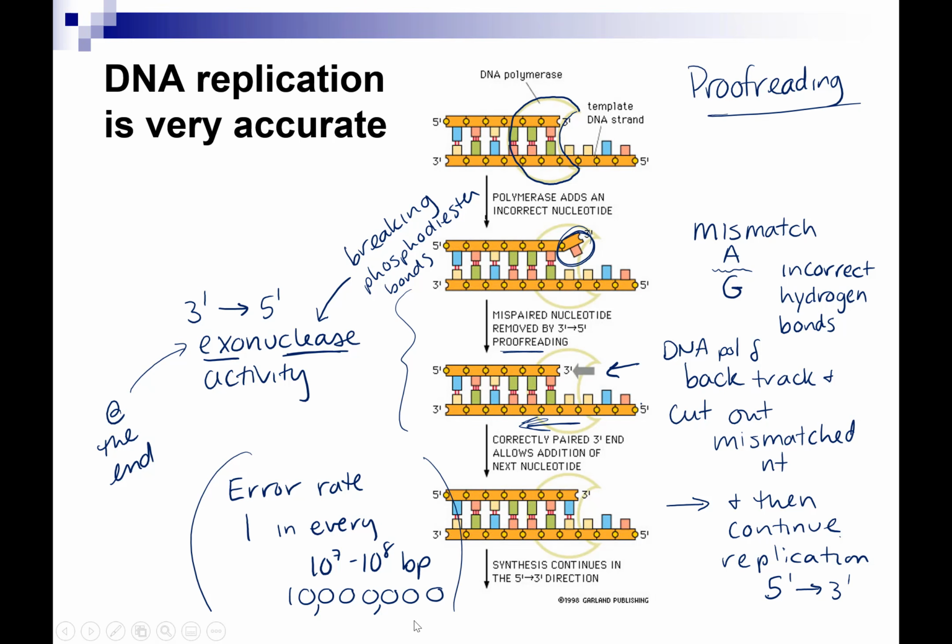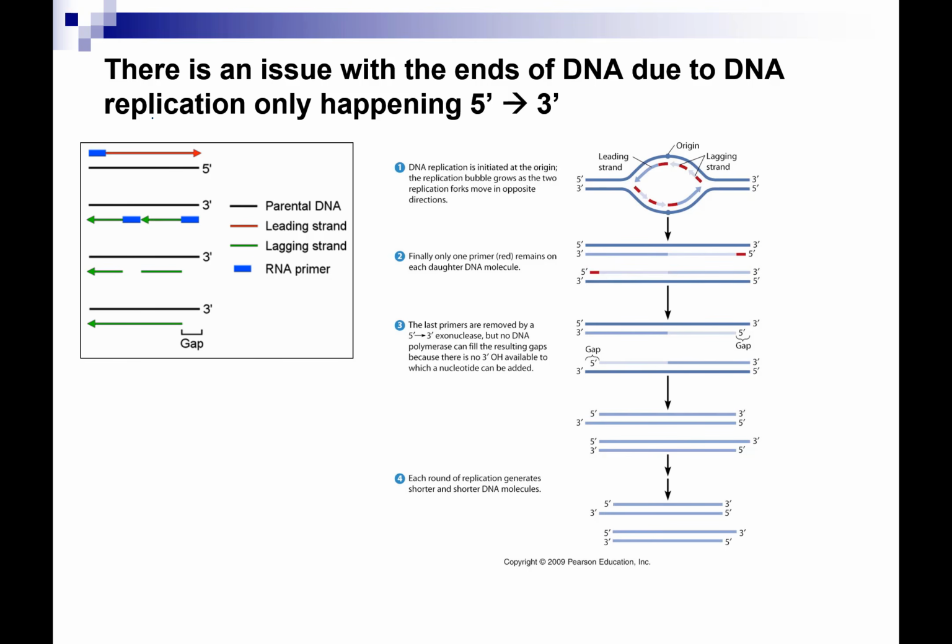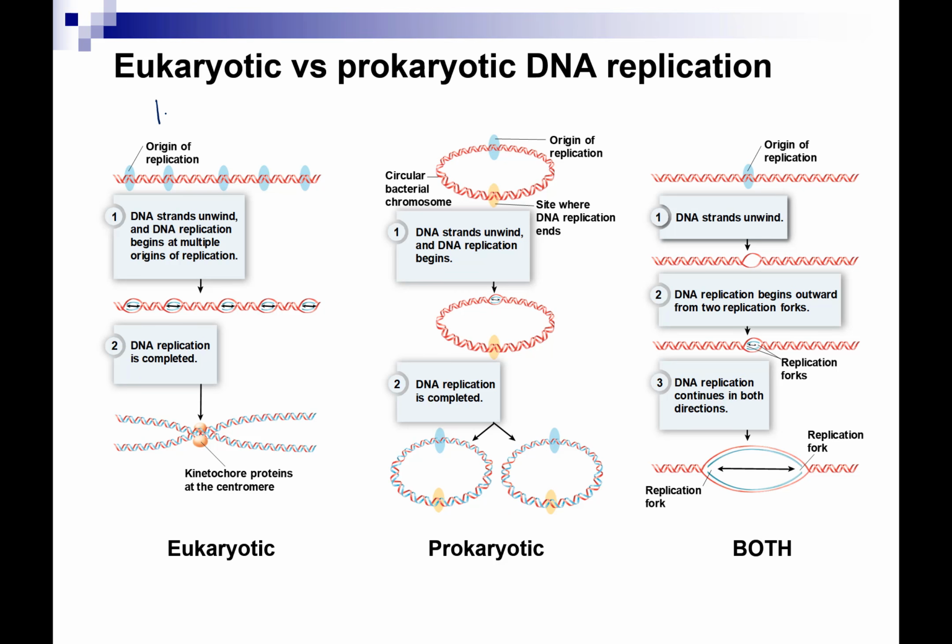Okay, next topic, I just want to show you the difference between eukaryotic and prokaryotic DNA replication, and this leads us into another lovely topic of why you will eventually die. So eukaryotes have linear chromosomes.